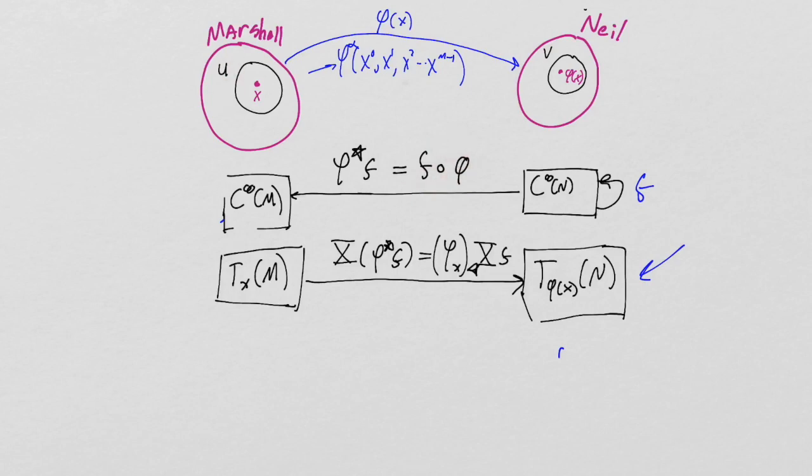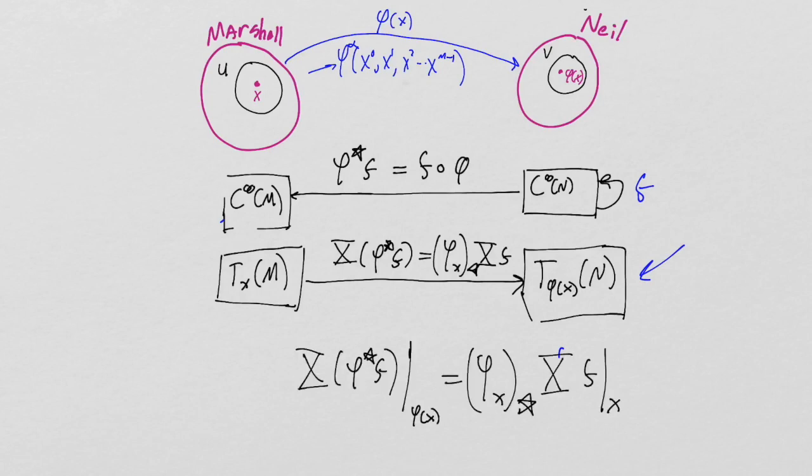So the way to think about this, I would offer to keep it clear in your mind, is if you write it this way. That is, include this guy evaluated at x and this guy evaluated at phi of x, and understand that x can be any point in Marshall. Oh, wait a minute. Did I get that backwards? Hold on. Yeah, of course. This is backwards, right?